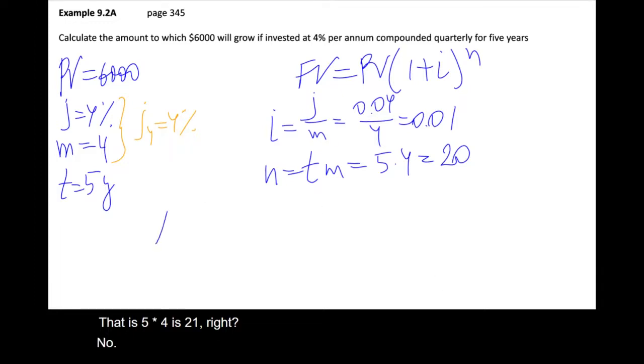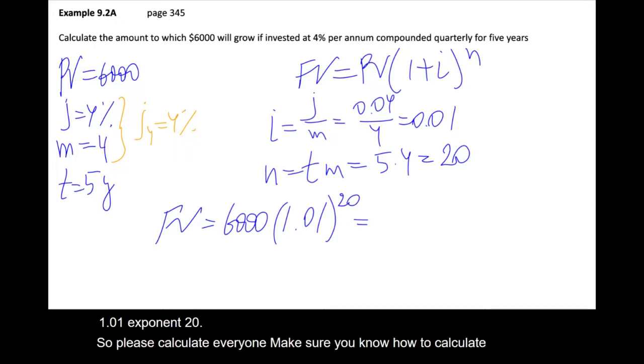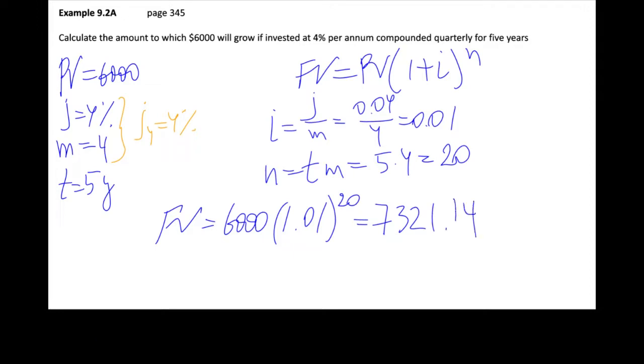So future value is 6,000 times 1.01 exponent 20. Please calculate, everyone. Make sure you know how to calculate it.